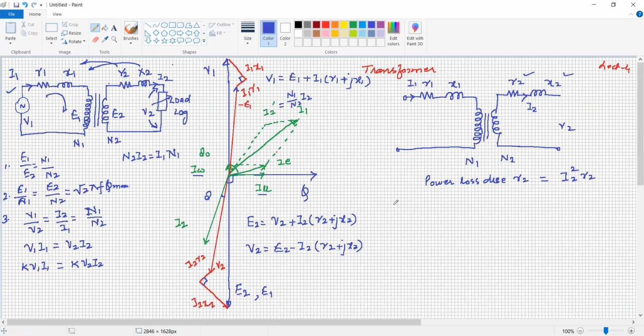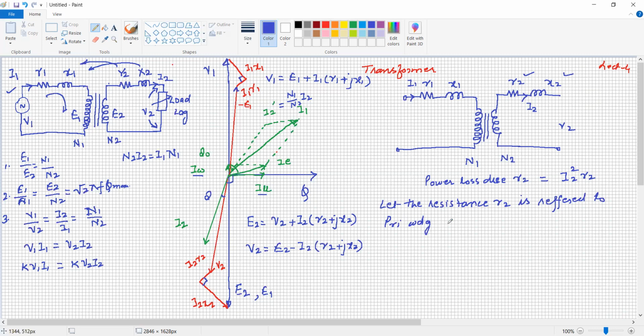Let the resistance R2 be referred to the primary side, to the primary winding.